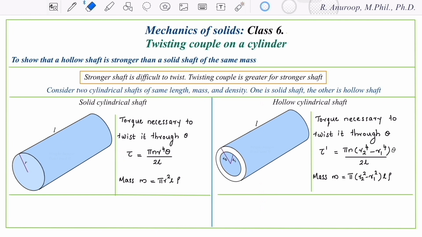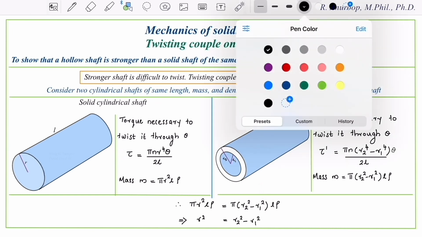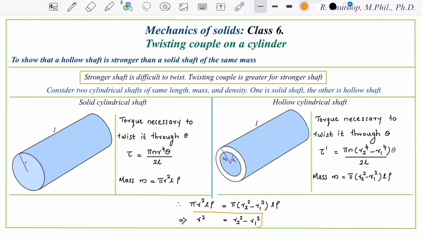Since the two cylindrical shafts have the same mass, pi r square L rho is equal to pi times r2 square minus r1 square, into L rho. From this we get the relation r square is equal to r2 square minus r1 square.